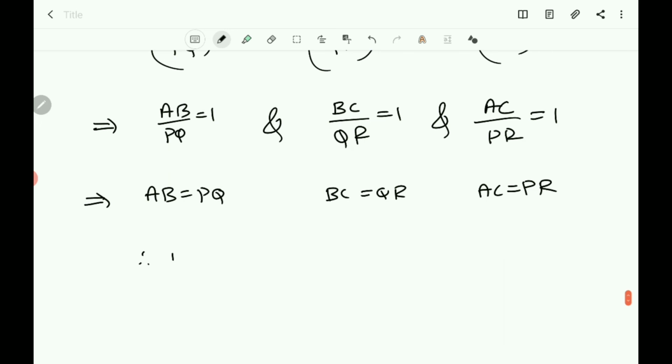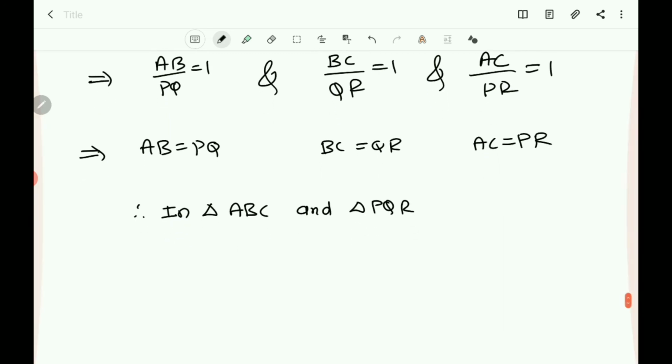Therefore, in triangle ABC and triangle PQR, you got that AB is equal to PQ, BC is equal to QR and AC is equal to PR. That is proved here.